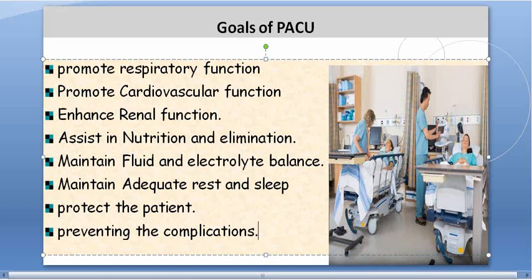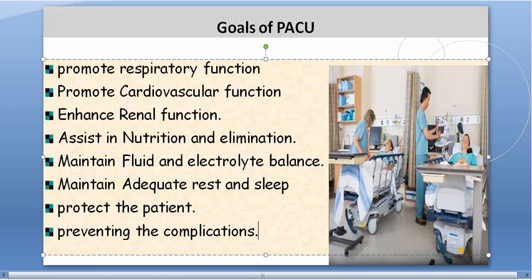Other than that, the patients may go into dehydration, because they may not be taking food and fluids orally. So what you have to do is maintain fluid and electrolyte balance. How will you do that? Most of the time you can do that by giving IV fluids. Okay, intravenous fluids can be started, and along with that you can usually start total parenteral nutrition.